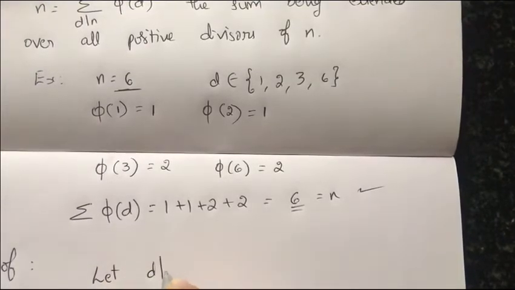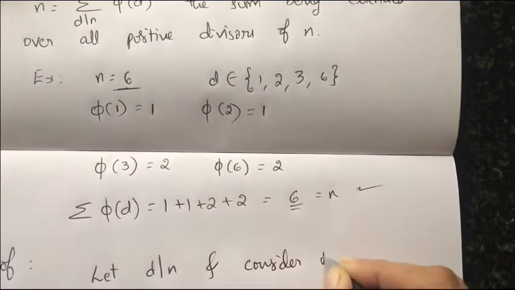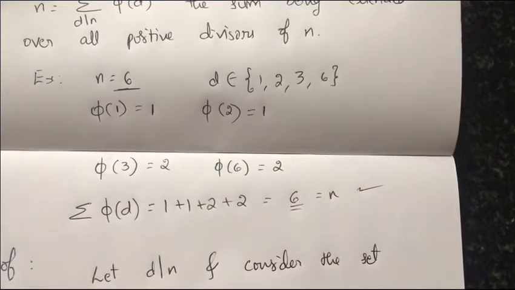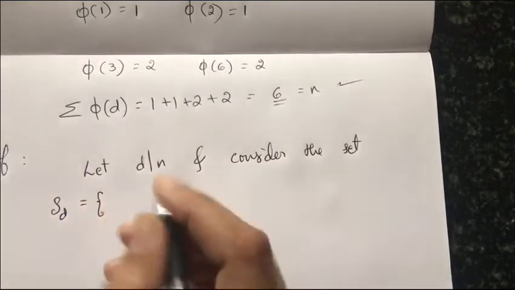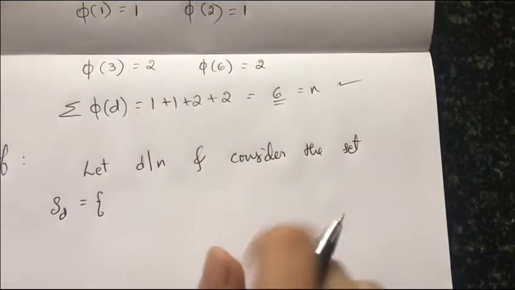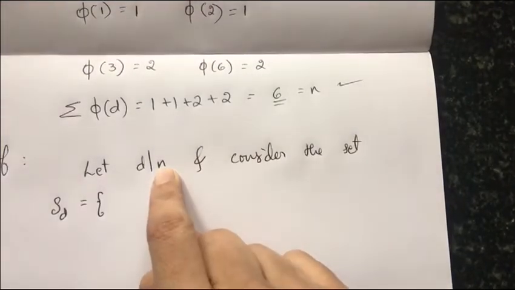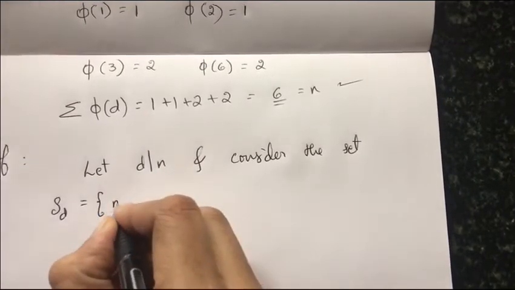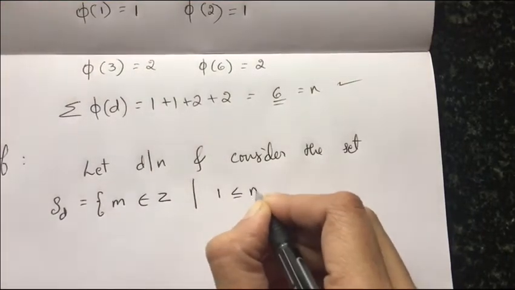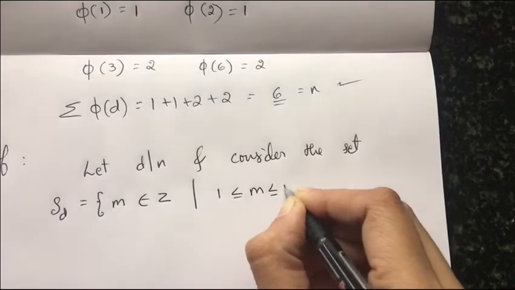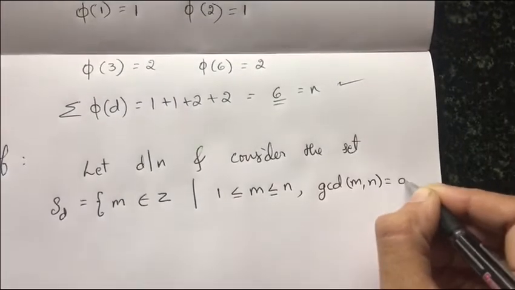Let d divide n and I will consider the set S_d. S_d is the set of all those integers m such that m is less than or equal to n and the GCD of m with n is d.